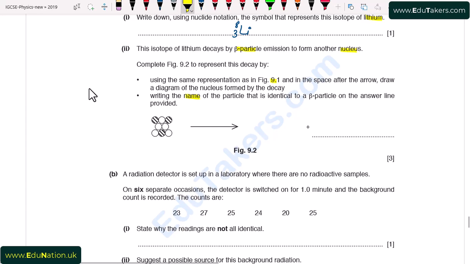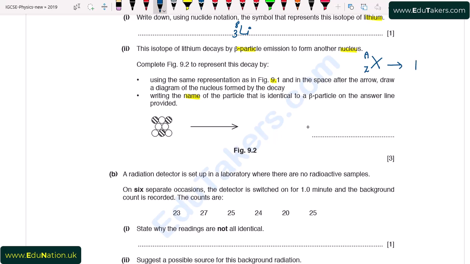So first of all, when an element undergoes beta decay, its atomic number increases by 1, but its mass number remains the same. So I consider it's an element with atomic number Z and mass number A. It decays into a beta particle.